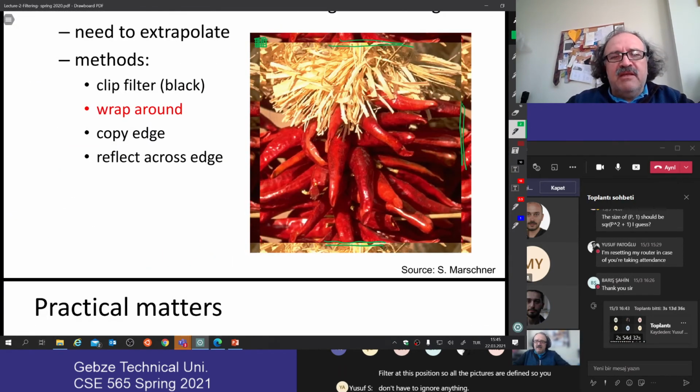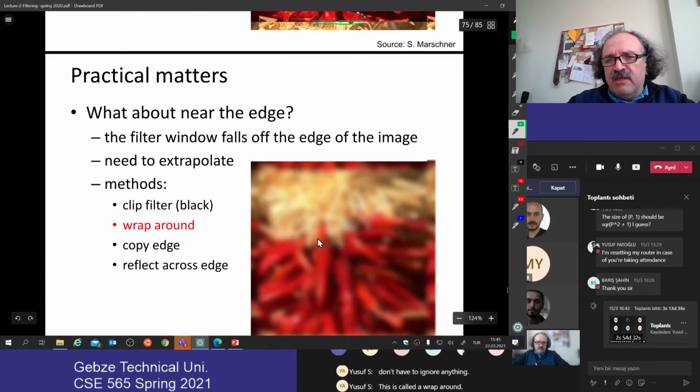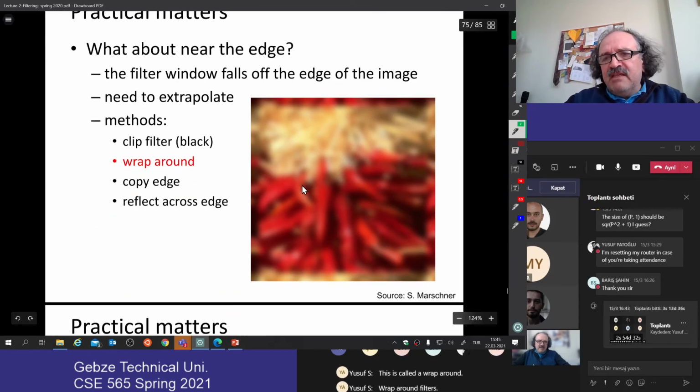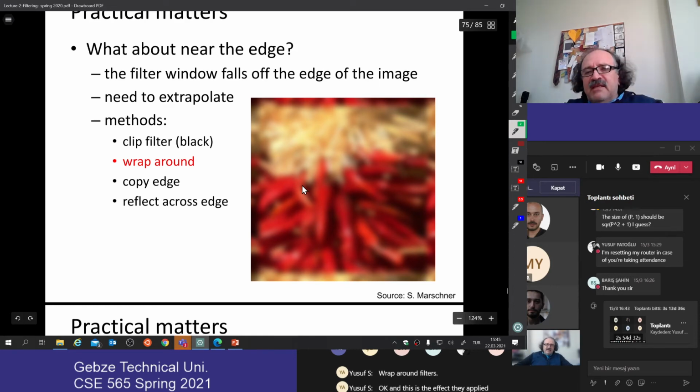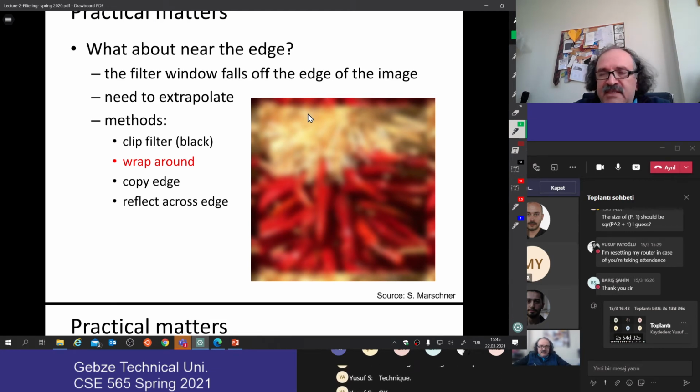This is called wraparound filter. And this is the effect. They applied a smoothing filter using the wraparound technique. This is the second one.